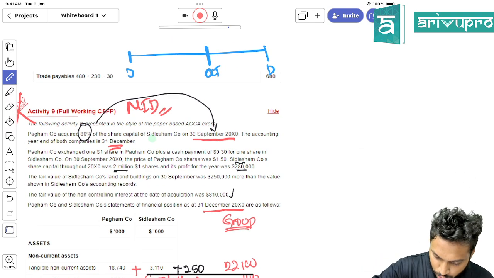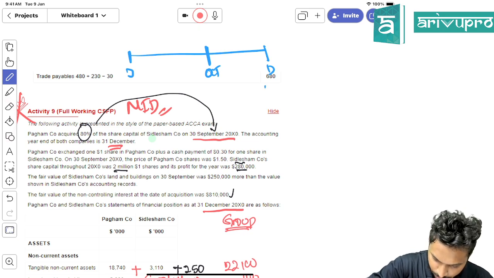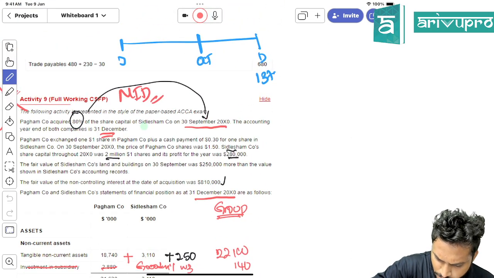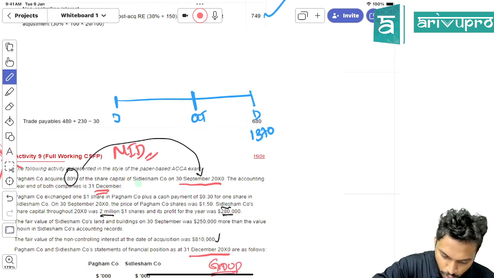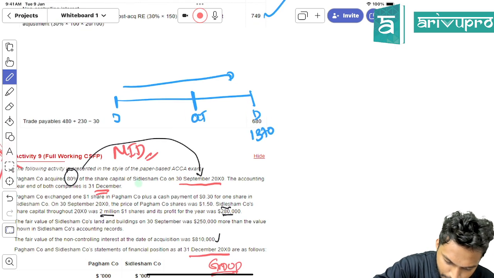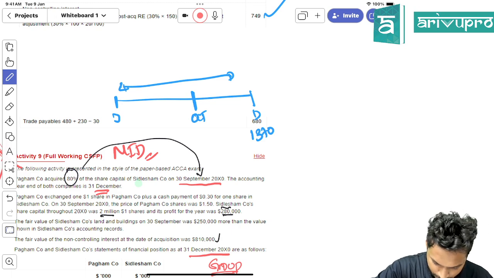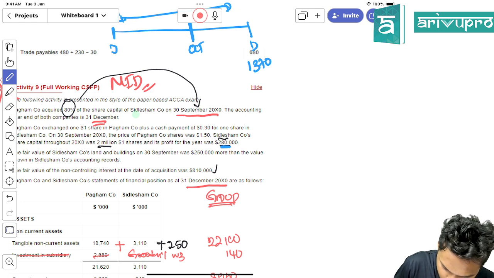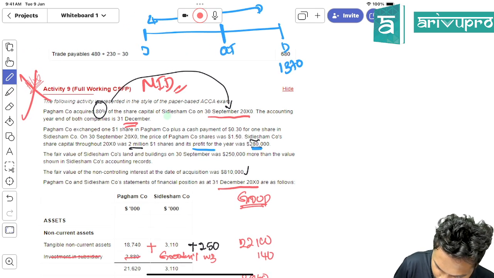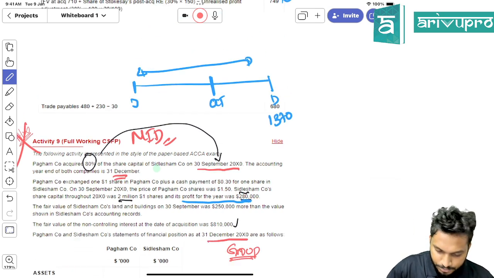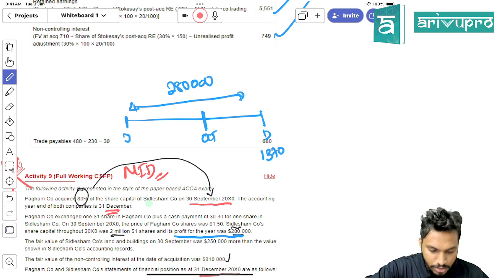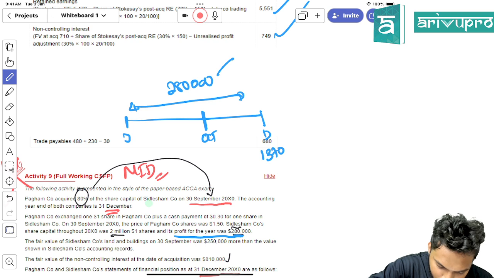So they are telling that your closing retained earnings is 1,370. Throughout the period, you have made a profit of 280, the profit for the year is 280,000. So to the entire period, you have made 280,000.